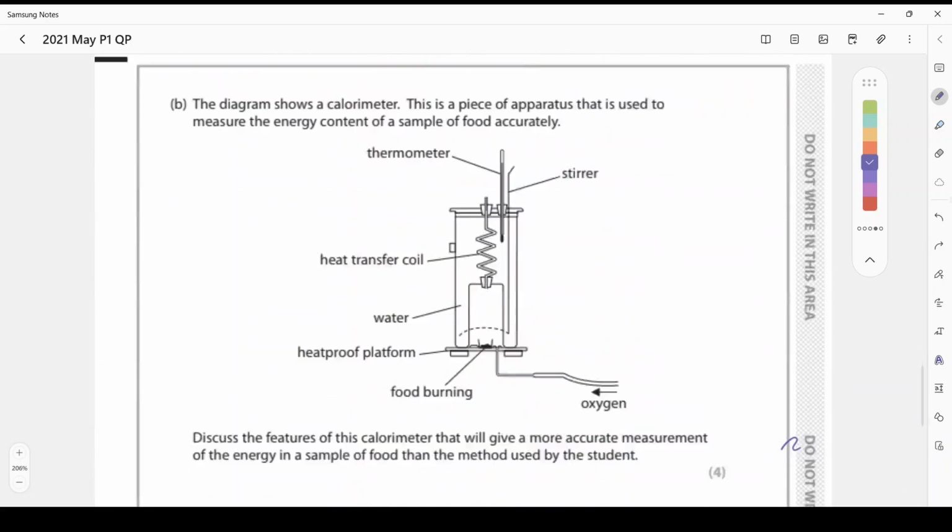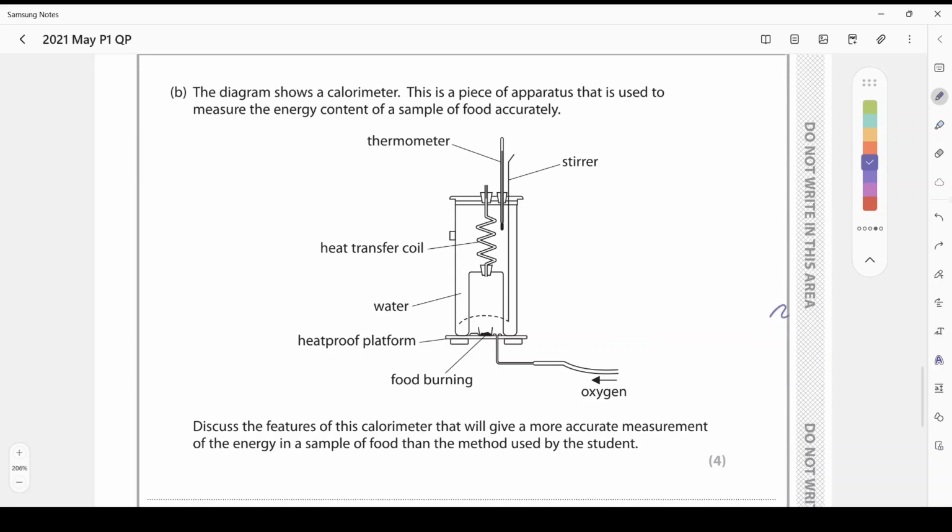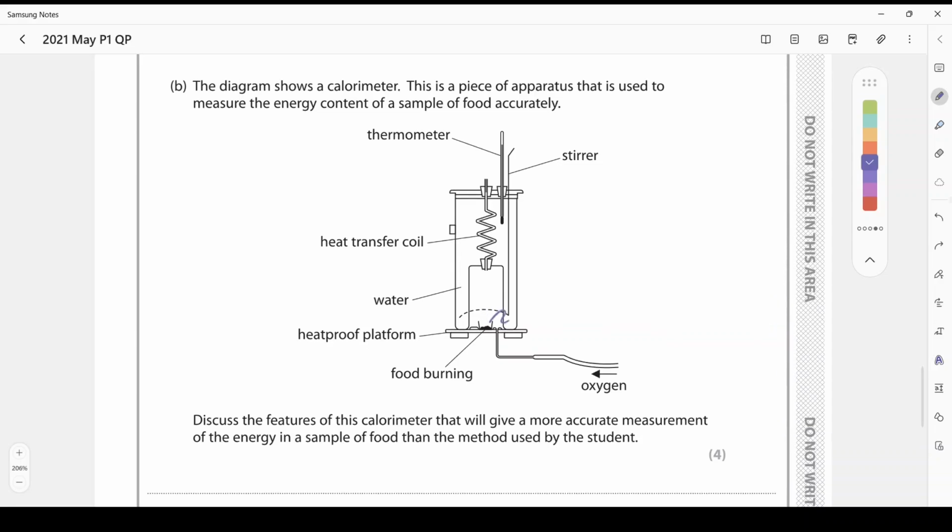All right, let's scroll down. Okay, the diagram shows a calorimeter. This is a piece of apparatus that is used to measure the energy content of a sample of food accurately. So here we have the food that's burning. We've got water that is surrounding this vessel or this container.